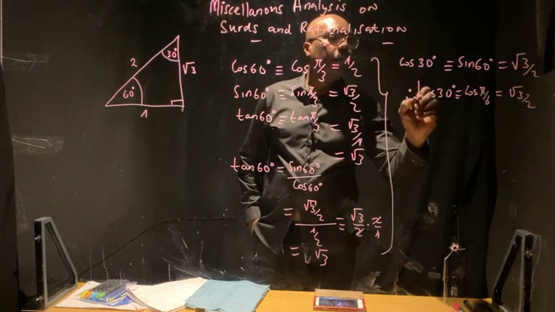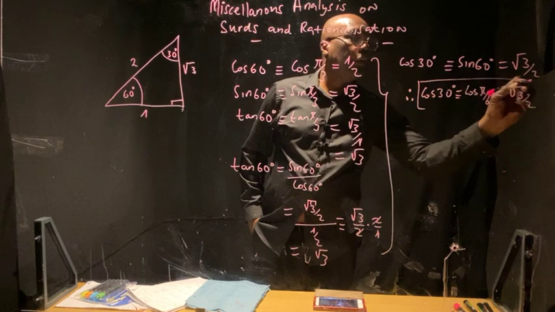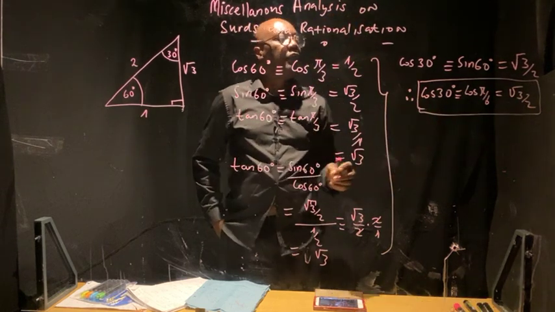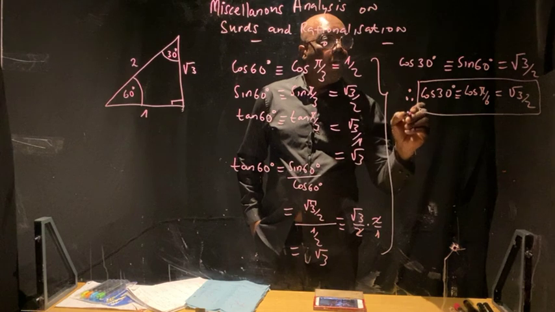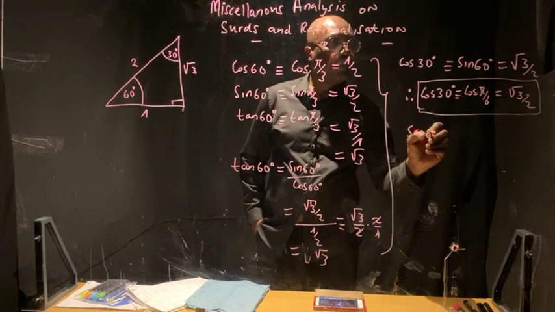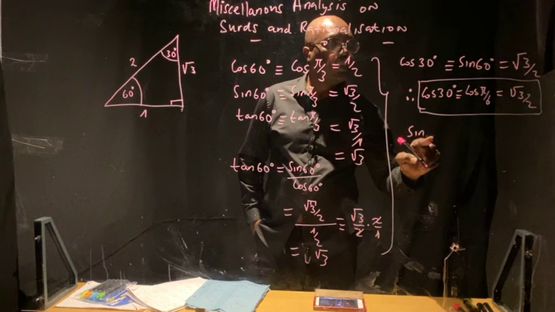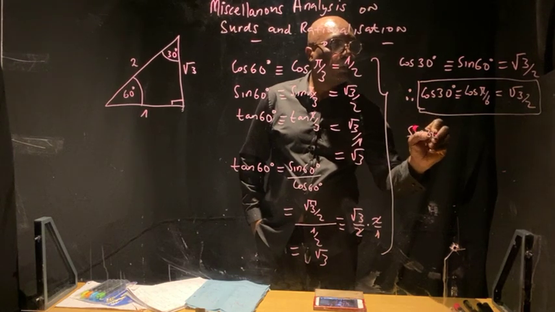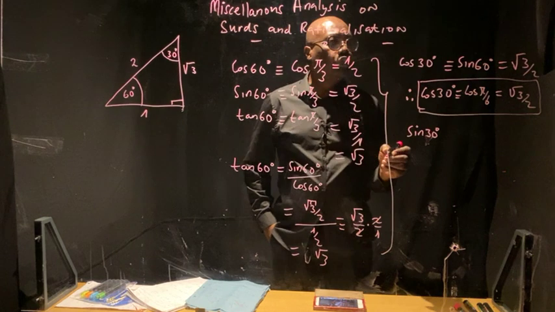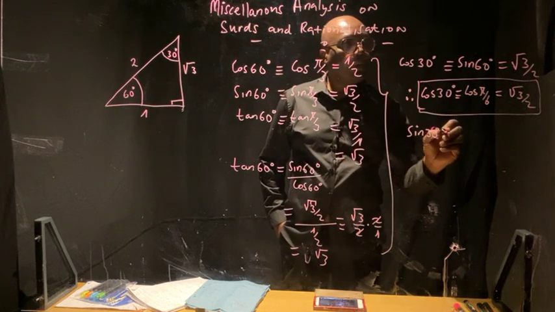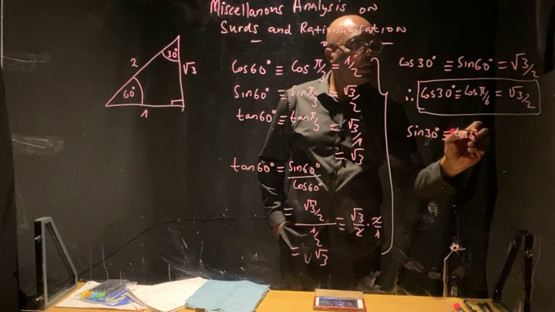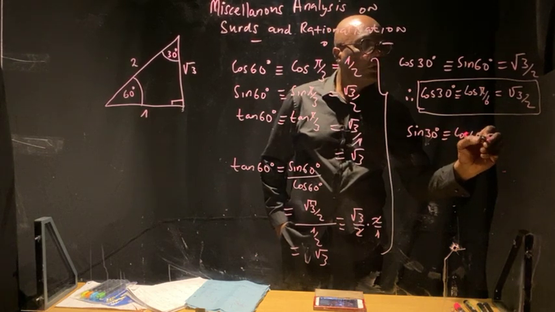Then you come back here again. Sine 30, being a complement to cos 60, which is equal to half.